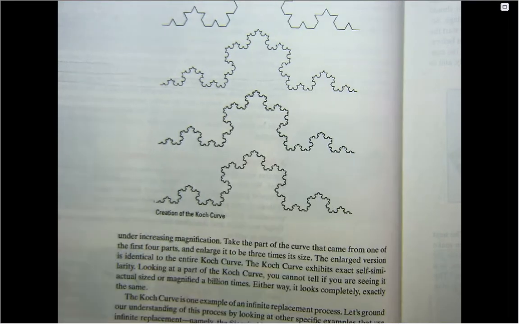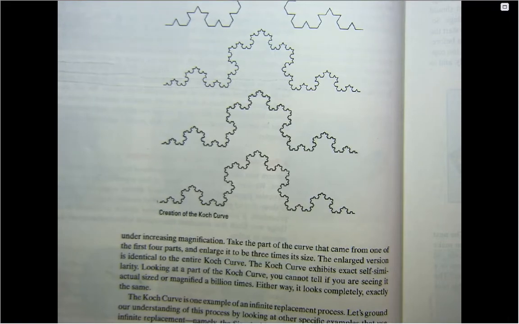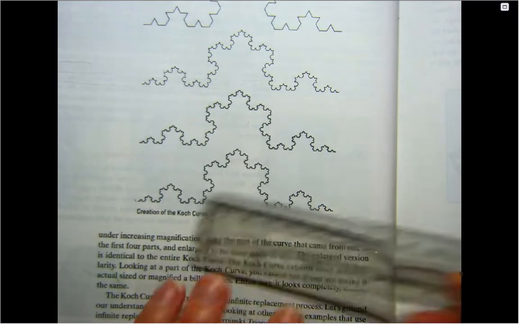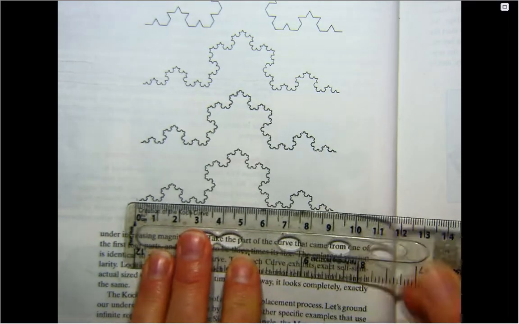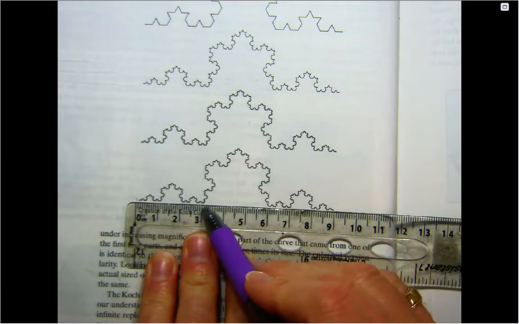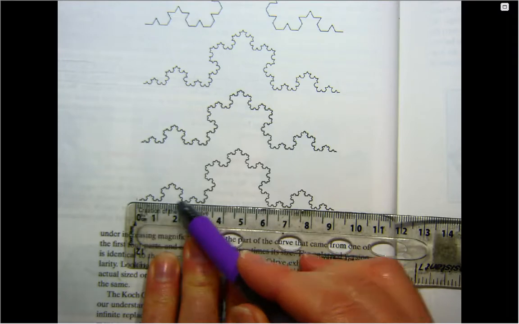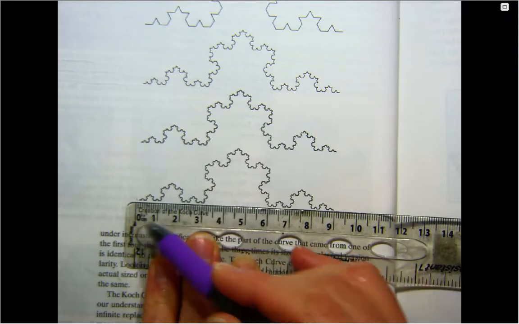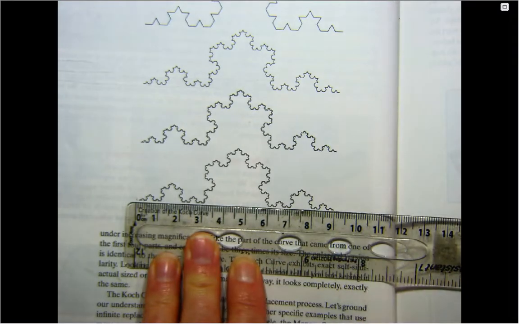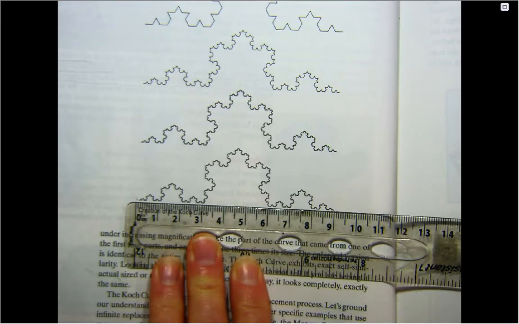Then the scaling factor is how much bigger this whole length is compared to the length that we made copies of. So this piece that we're making copies of is 3 centimeters. The whole length is 9 centimeters. How much bigger then is the whole compared to that 3 centimeter part?